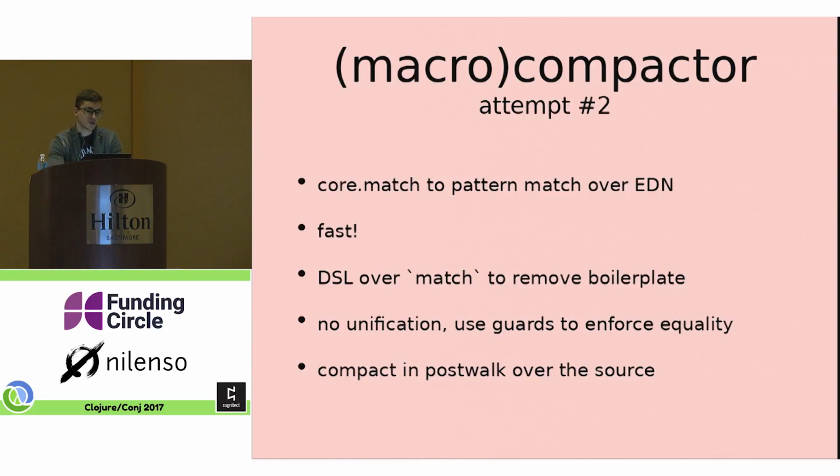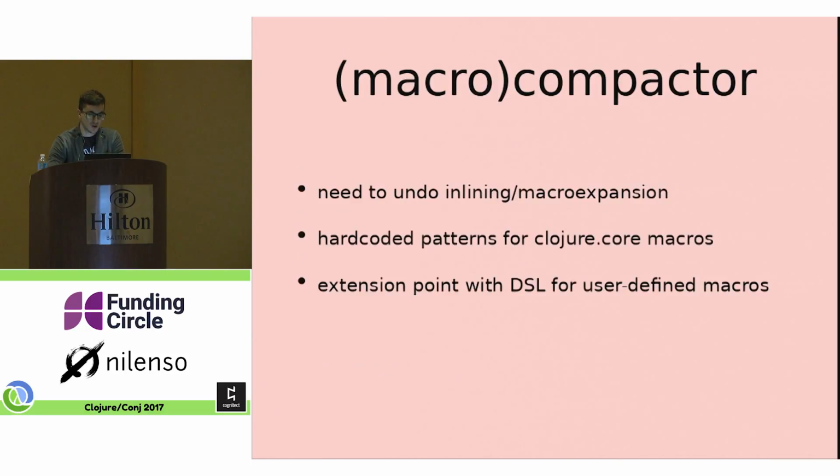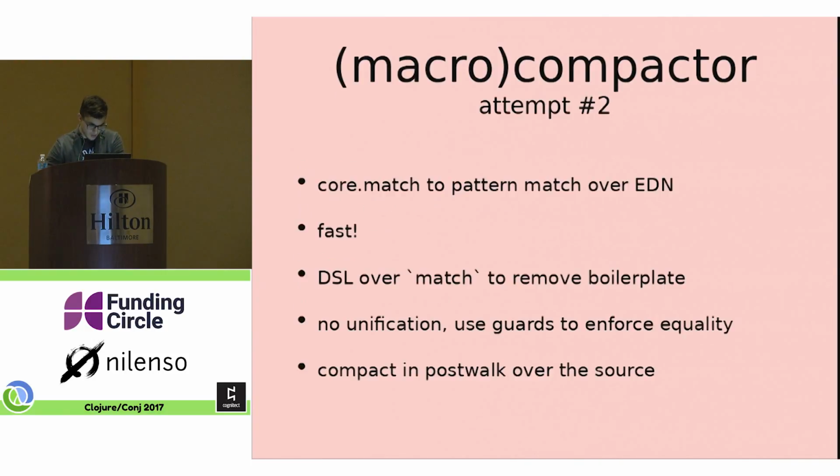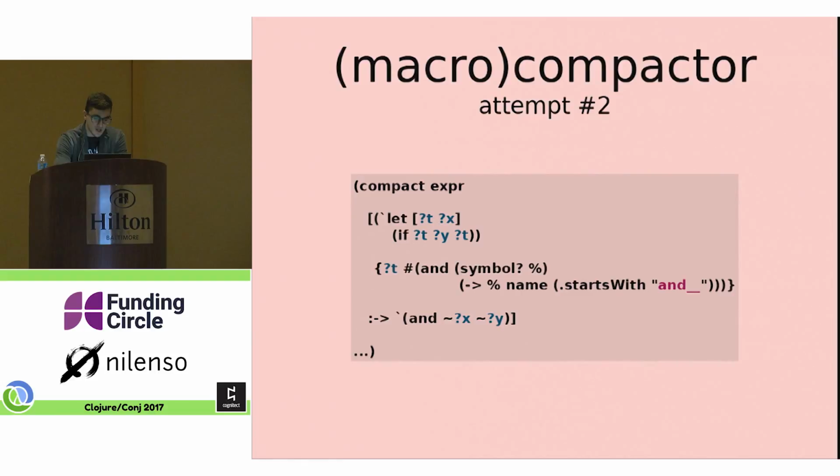The problem with using core match is that we lose the guarantees of unification. But for the use case that we need, it turns out that we can simply use guards to enforce the equality guarantees that we need. And so this is what the DSL kind of looks like.